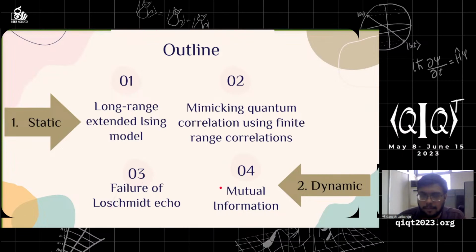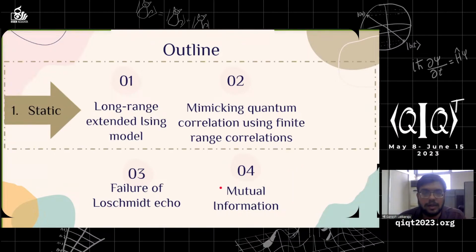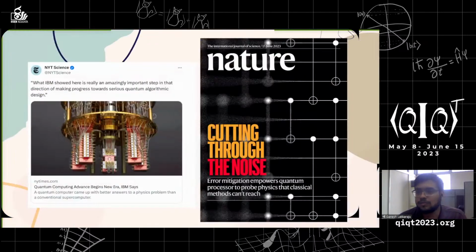I'll start with the static part. To give a shout out, just last night there was a paper in Nature showing that the same class, a 2D Ising model, has been simulated on an IBM quantum computer.